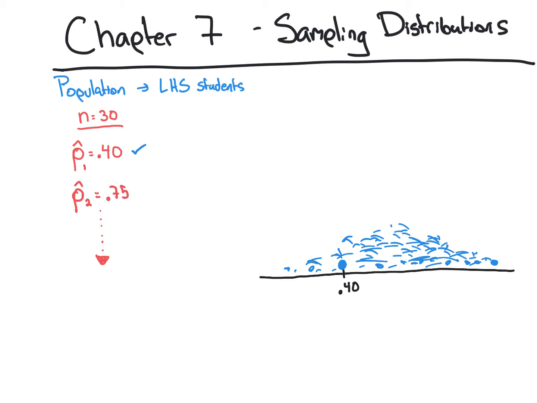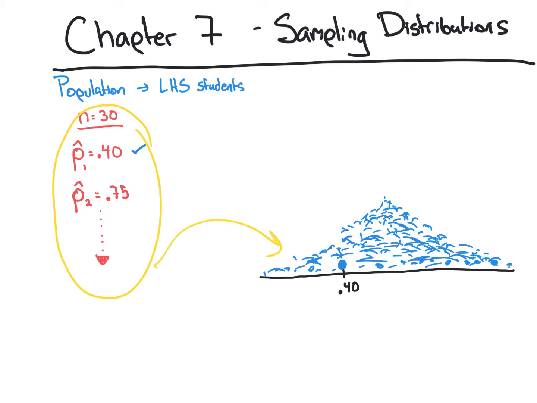What should happen is that these dots start to point us towards the real value of the population, because they stack up tall over one single value. So the idea is I take as many possible samples as I can and plot them here.